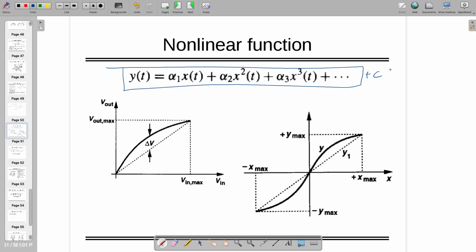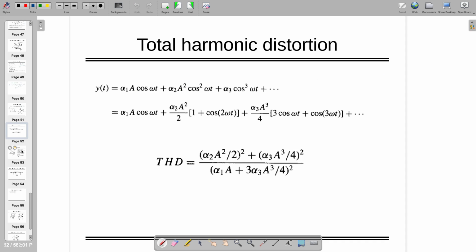So if this is the case, when I'm replacing x equal to a cos omega t, one can use sine omega t also. It's not much of a difference. So it's alpha 2 times a square cos square omega t, which is following mx plus m1 x square plus m2 x cube, right?